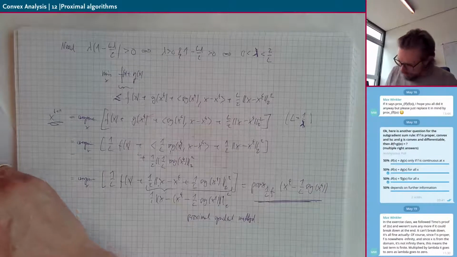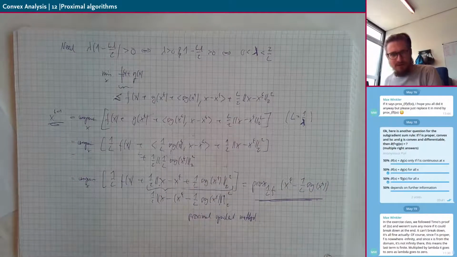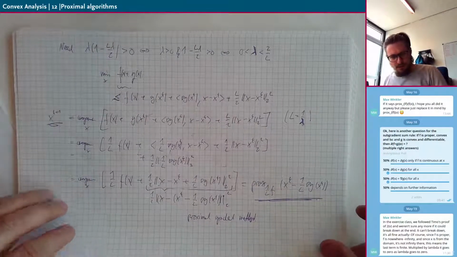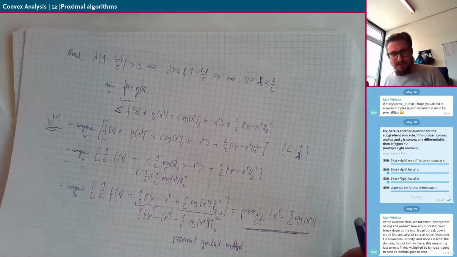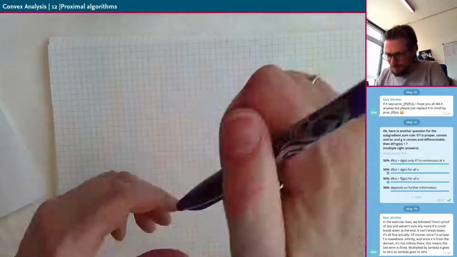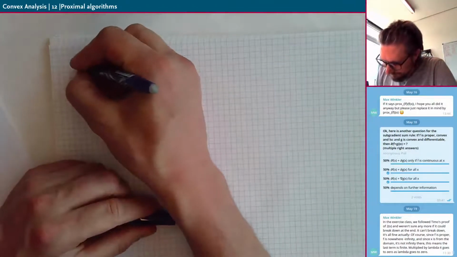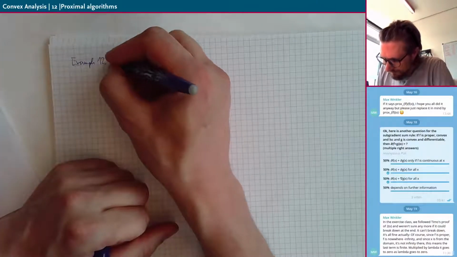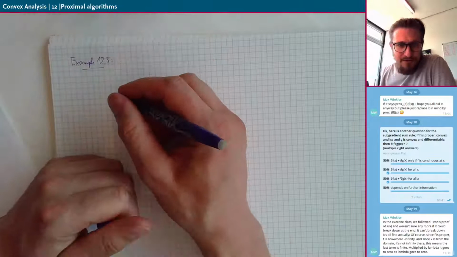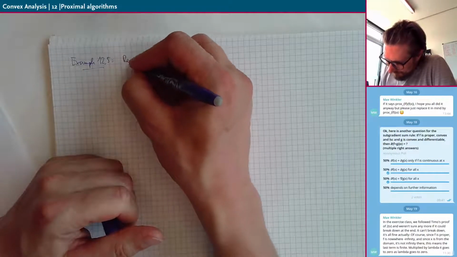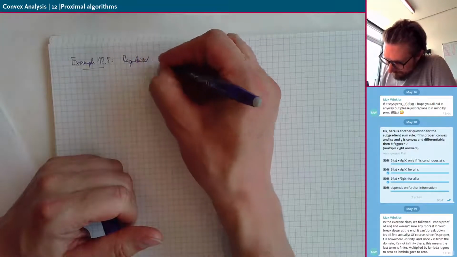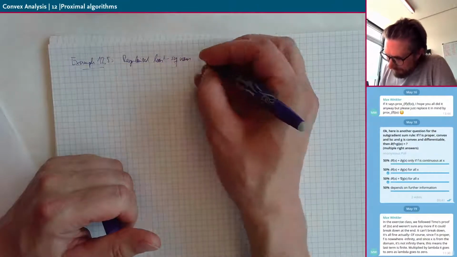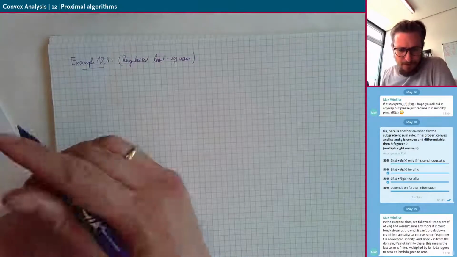But I'm going to show you an example of where this is really helpful. Okay, and I think this example is it for today. So the example is regularized least squares. We know about least squares.